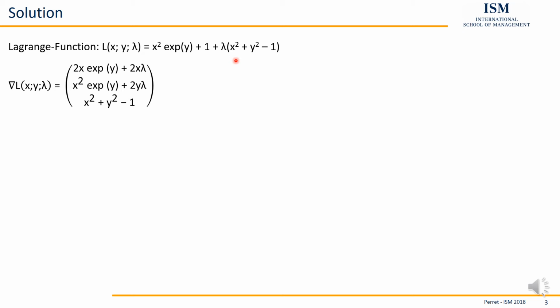That's already all there is for the first derivatives. So just take them, set them equal to 0, giving us these three equations. This system we need to solve for x, y, and potentially lambda.